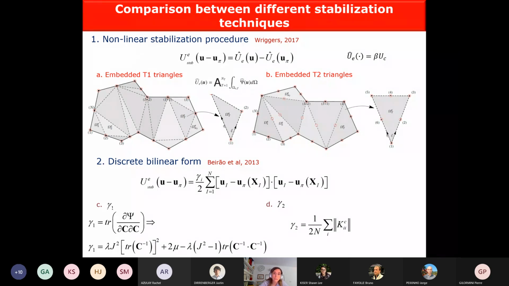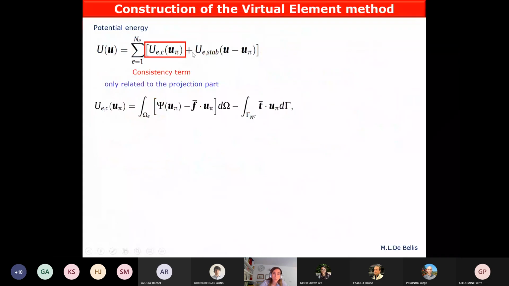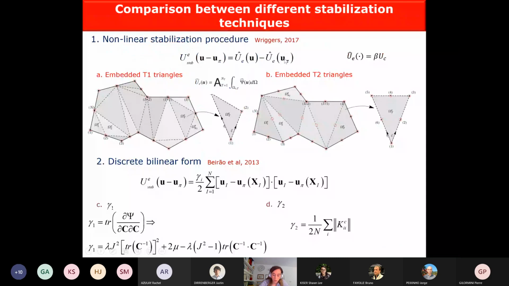The idea is that the stabilization contribution in the potential energy, that depends on the remainder of the displacement, can in turn be split in 2 separate contributions, one depending only on u, and the second one depending only on the projection displacement.